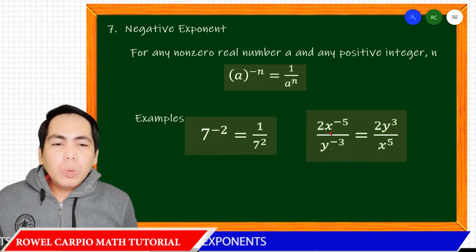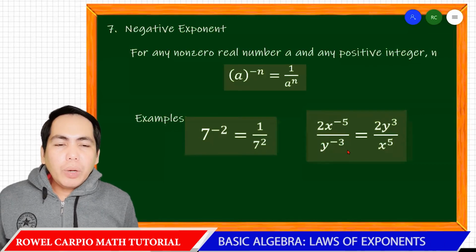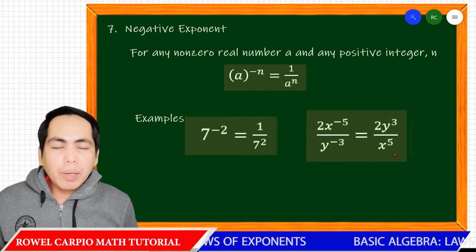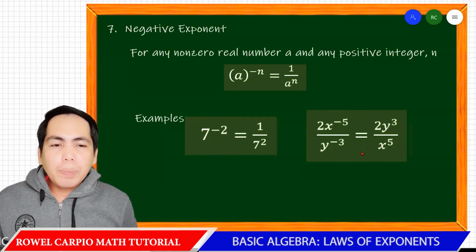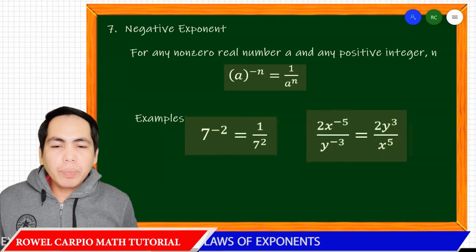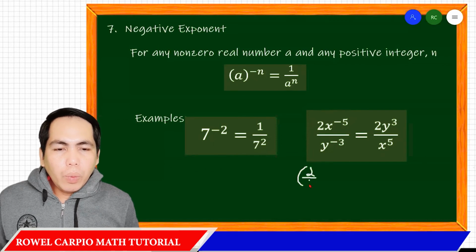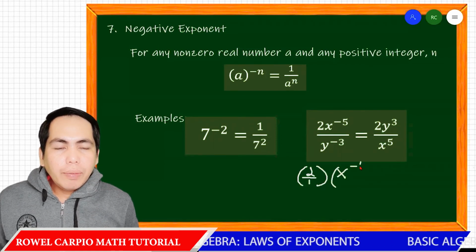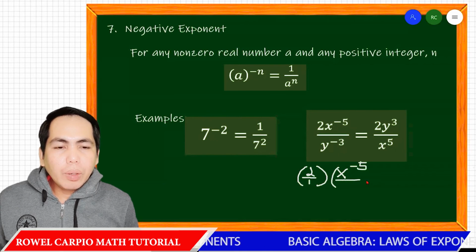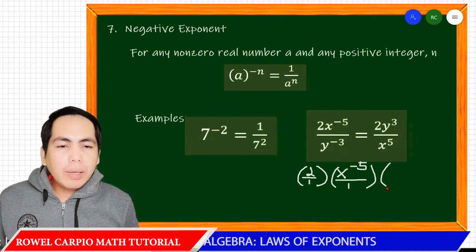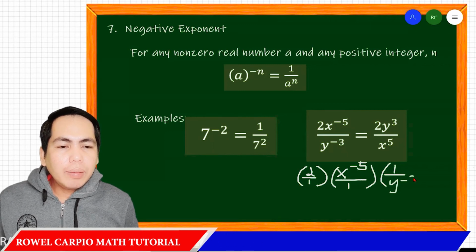We have here 2x raised to the power of negative 5 over y raised to the power of negative 3. For us to simplify this sample problem number 2, we have to expand this given expression. This 2x raised to the power of negative 5 is just equivalent to 2 over 1 times x raised to the power of negative 5 over 1 times 1 over y raised to the power of negative 3.